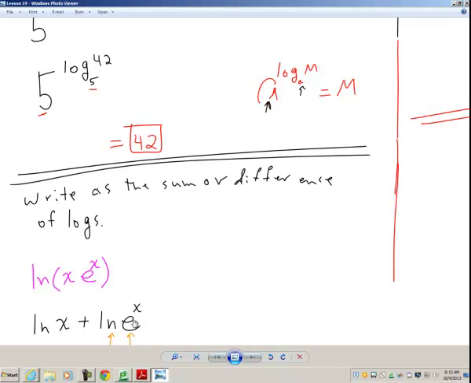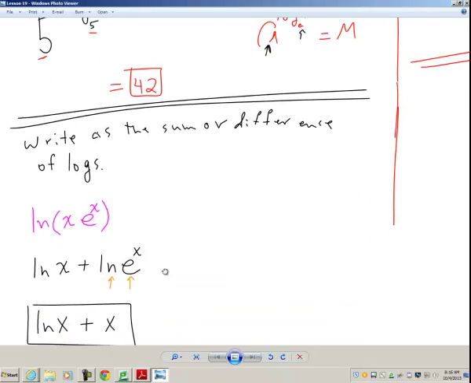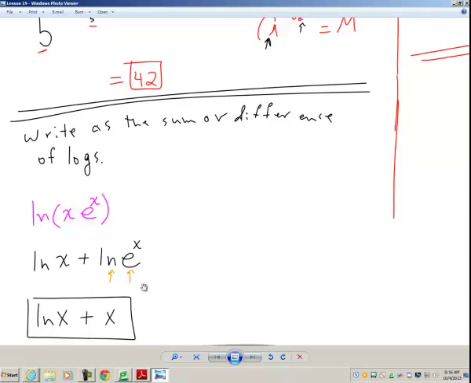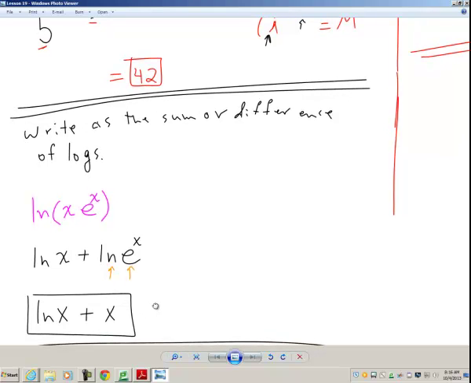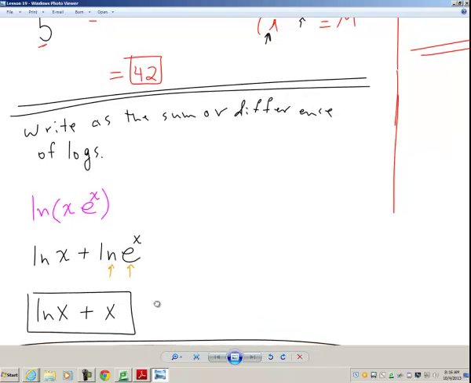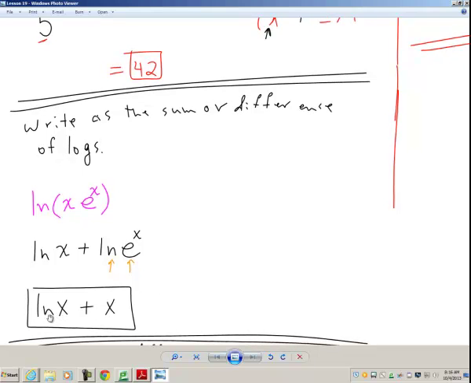Yeah, because natural log is log base e, and this is a base e. The natural log and the e cancel out, and you just get x. Okay? Questions with that? And so our answer is just natural log x plus x, and that's it.